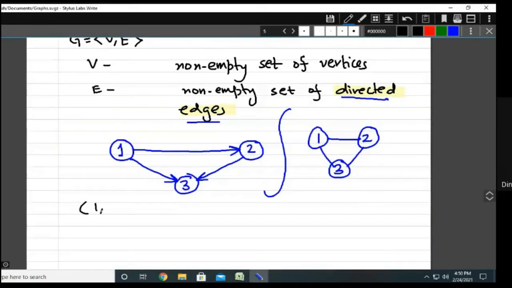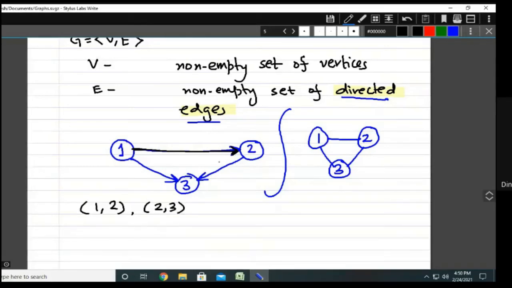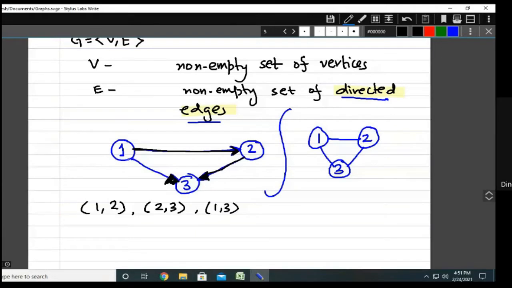When I say 1 comma 2, it means that the edge is starting from 1 and going to 2. Then you have 2 comma 3. What does it mean? That edge is starting from 2 and going to 3. And then 1 comma 3. What does it mean? Edge started from 1 and is going to 3. Okay, so this is the set of ordered pairs of the edges.